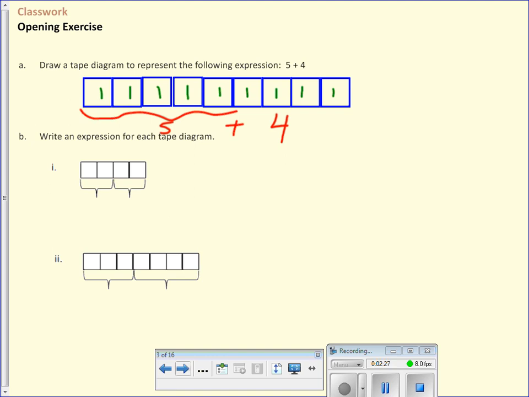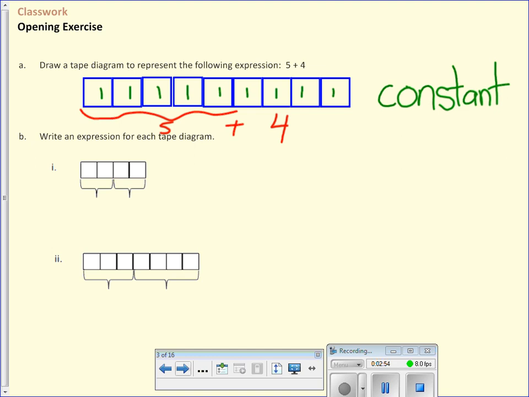The value is equal. That's not the vocabulary word. Constant. That's our constant. So in this tape diagram, our constant is 1.